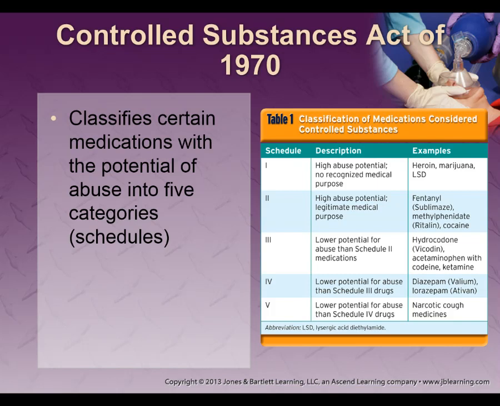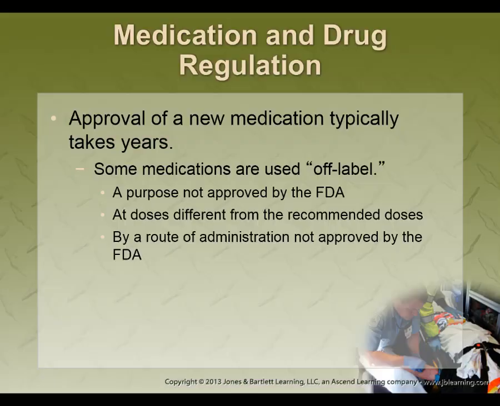That would be like Phenergan with codeine. Tussi-Organidin HD is a cough medicine that actually is a Schedule 2 drug because it has hydrocodone in it. But cough medicines like Phenergan with codeine or Histussin with codeine are things that can be sent without an ink signature, but they're still a controlled substance.